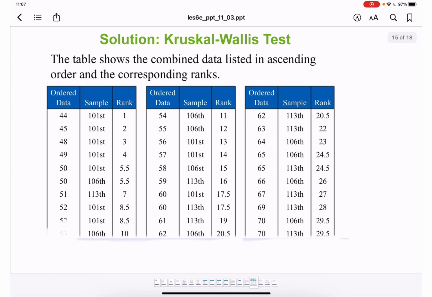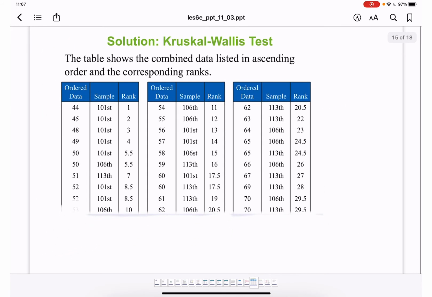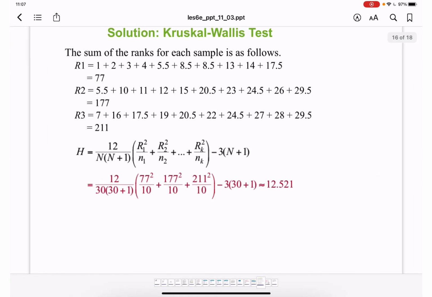Here it's cleaned, but if you go over, you will see there are 30 total. Ranks are marked where we have duplicates. So instead of 8 and 9, we put 8 and a half, 8 and a half. Then for the sum of ranks for each sample, we add all these ranks.